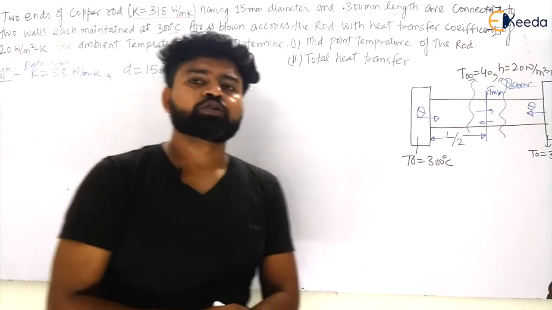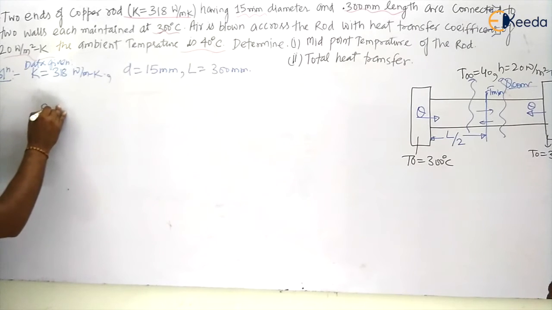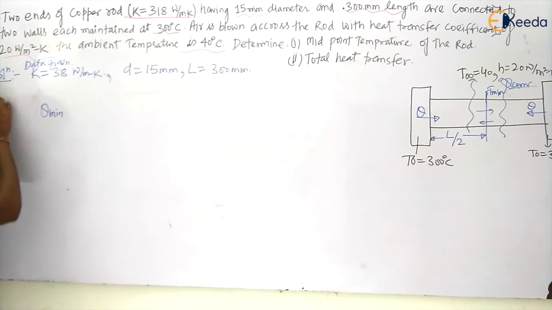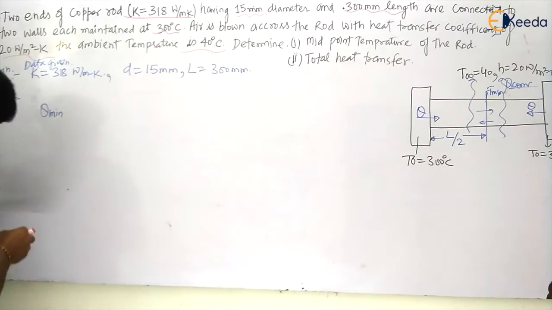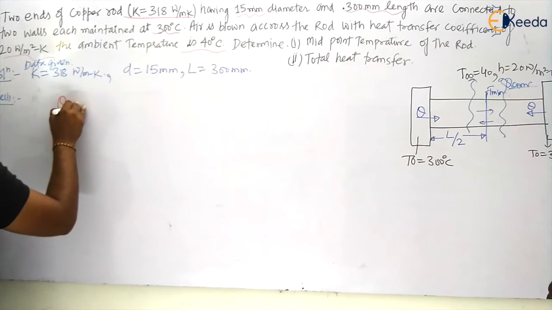Everything is given. So how can I calculate the temperature at the midpoint? I can easily calculate it by theta minimum. I have already seen this. Let us take the first case.